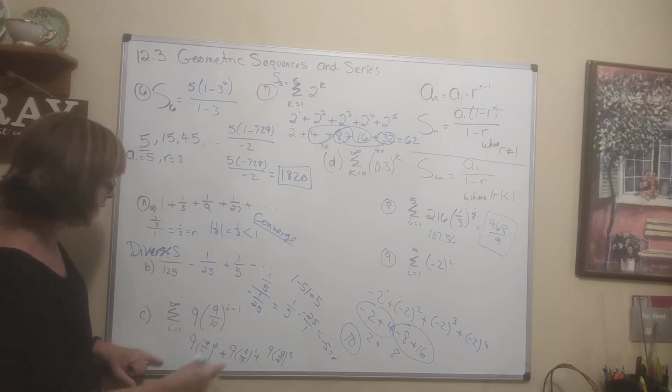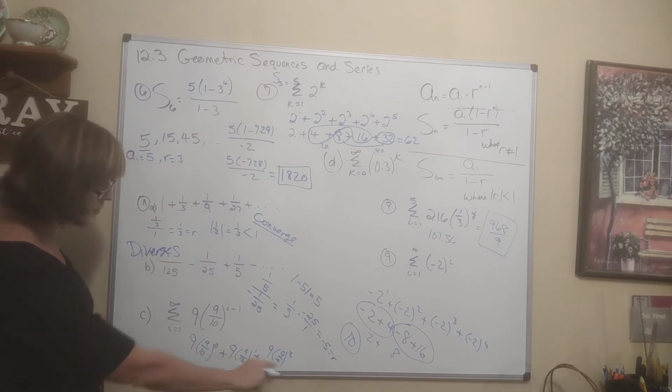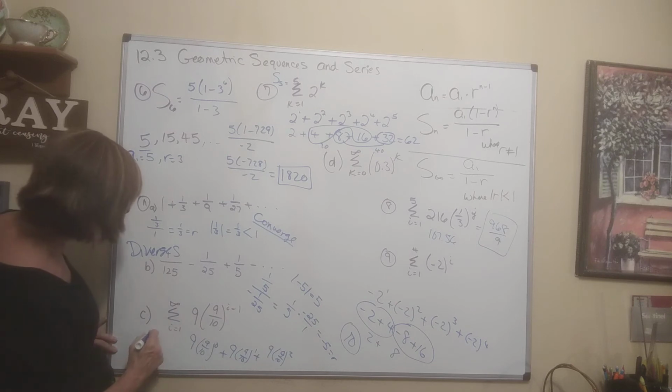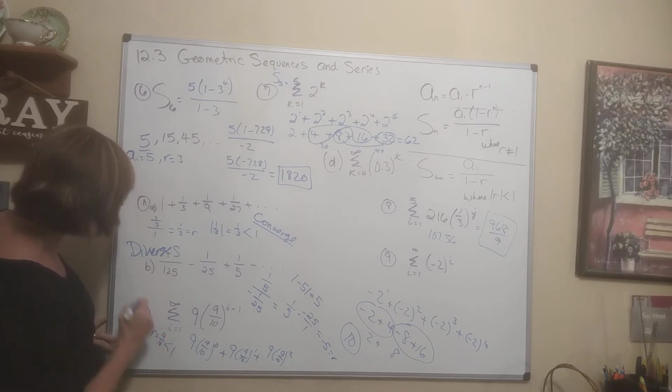What are we multiplying each term by each time? It's 9/10. Sometimes it helps me to write it out, and that helps me just see exactly what r is. So r is 9/10, and the absolute value of that is 9/10, which is less than 1. This guy's going to converge.